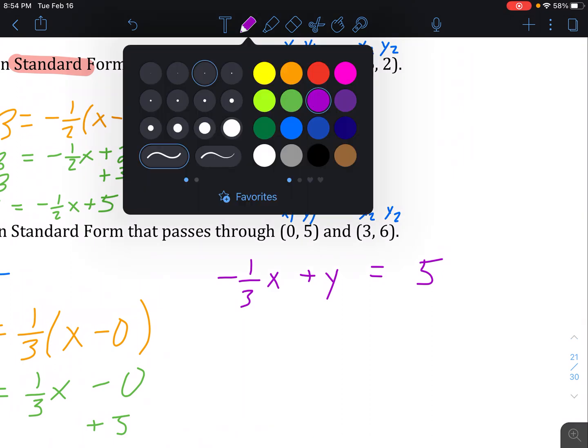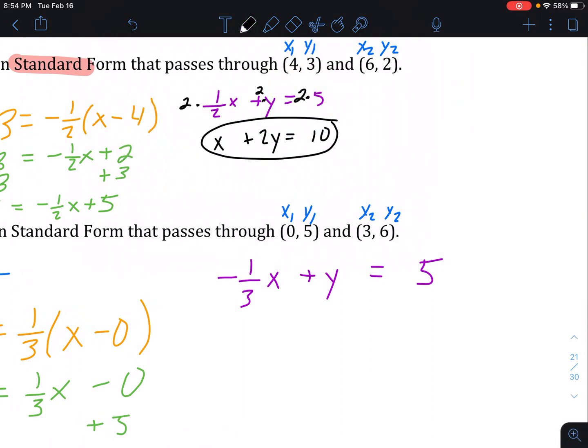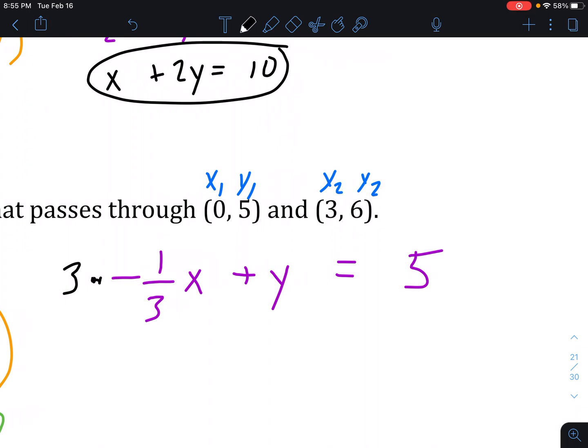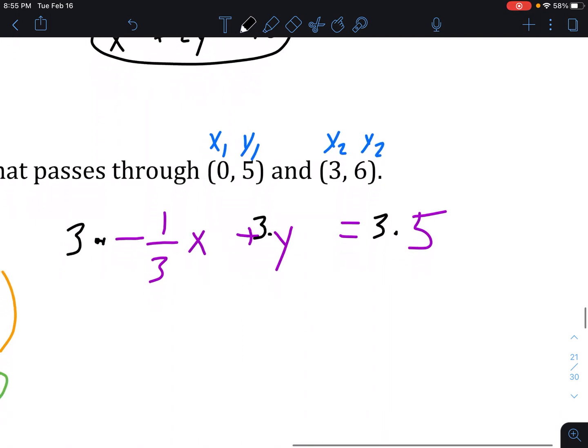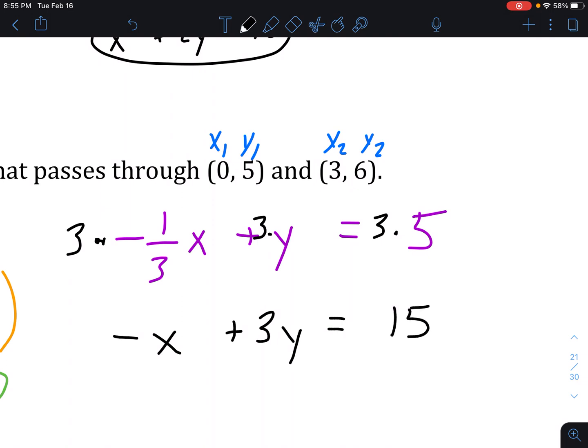And then let's get rid of the fraction. So the denominator is 3, so we're going to multiply everything by 3. So 3 times negative 1/3 is negative 3 divided by 3 is negative 1, plus 3y equals 3 times 5 is 15.